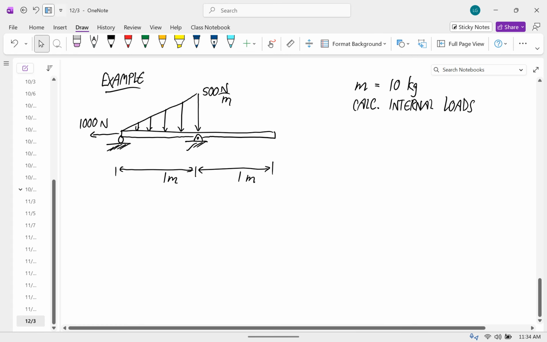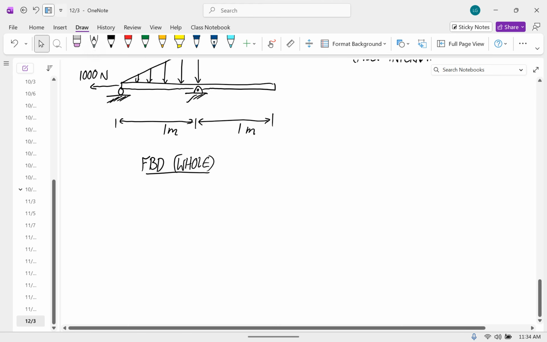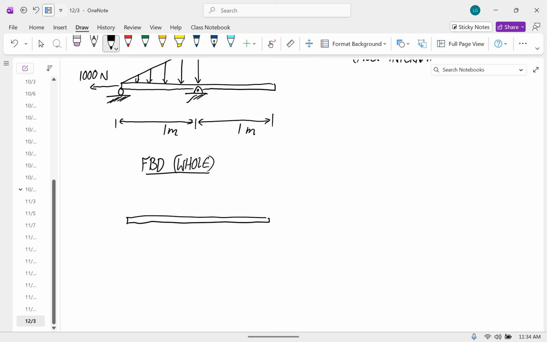So the first thing we have to do is calculate the external loads. We have a 1,000 this way. We have the roller applies a force like this.